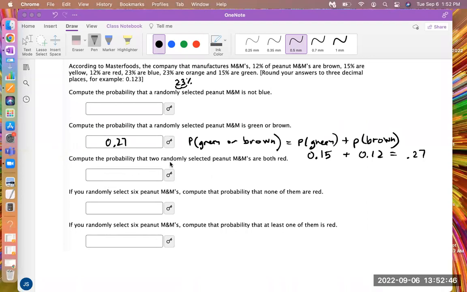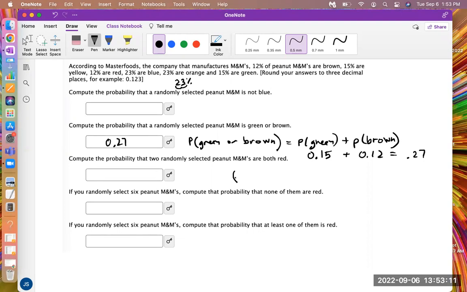Compute the probability that two randomly selected M&Ms are both red. So this is like two events happening, the first event and the second event occurring. So the probability the first M&M chosen is red. And I believe they're thinking we're replacing the M&M in the jar.